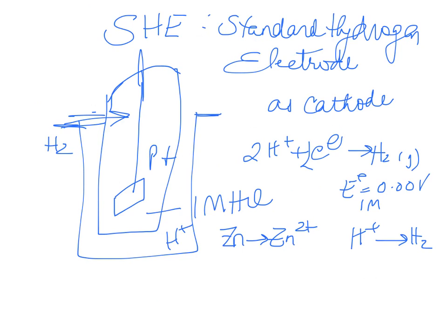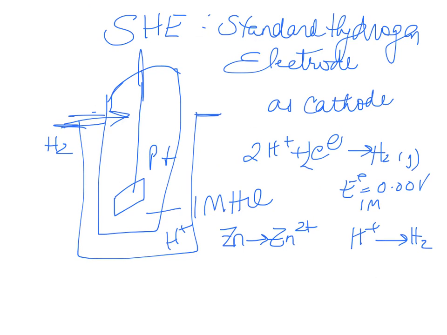Essentially, your electrons are going to travel from the anode to the cathode. So you can define the E naught cell as the difference in the voltage between the cathode, which is the final state, and the anode.